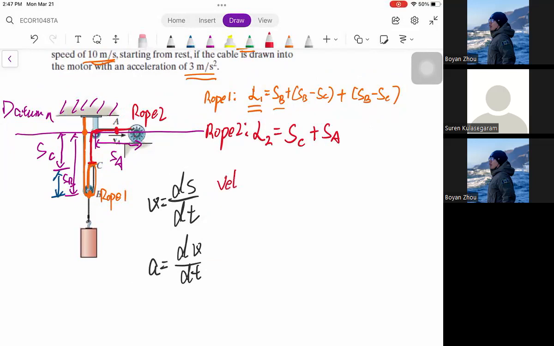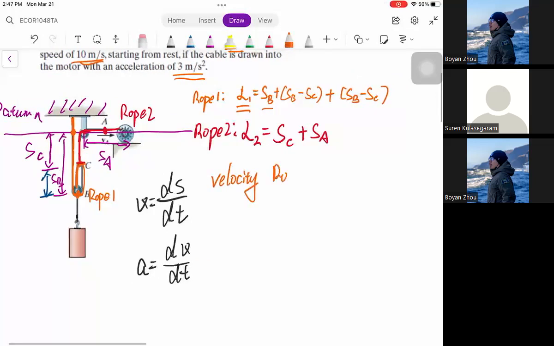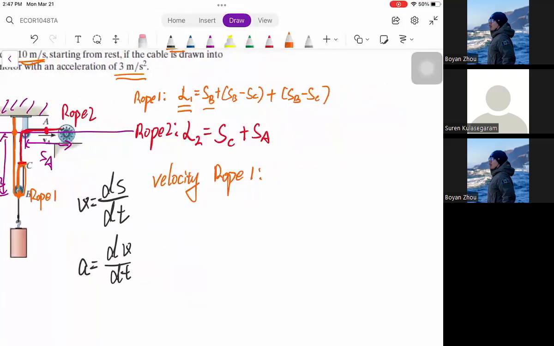So for rope 1 also, essentially we're just going to do the derivative on both the right-hand side and left-hand side.